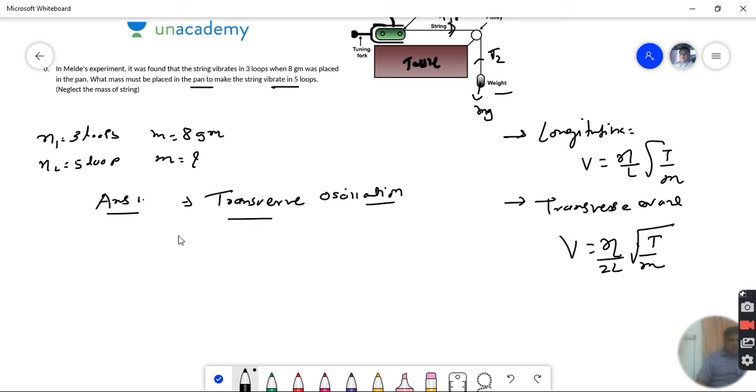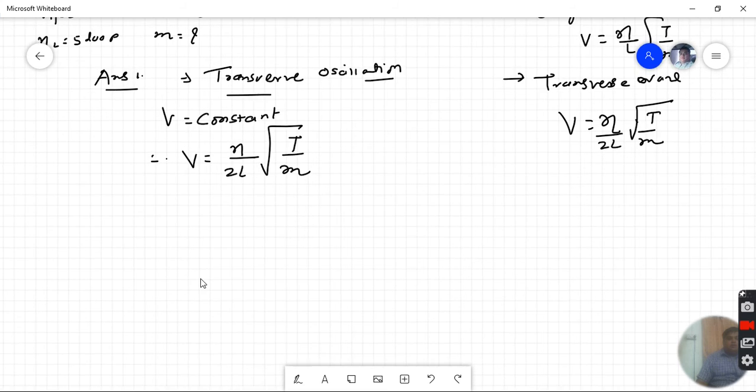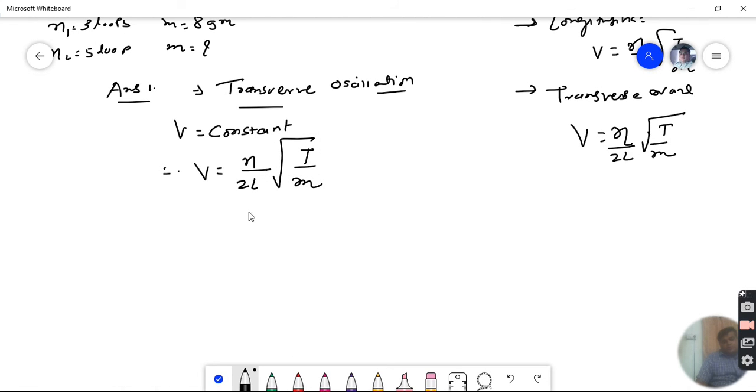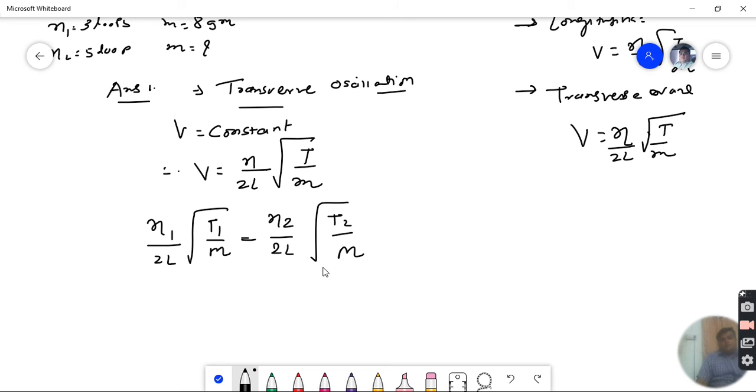So for transverse waves, the frequency ν equals n upon 2L under root T upon M. Therefore we compare this equation: n1 upon 2L under root T1 upon M equals n2 upon 2L under root T2 upon M. Both have the same 2L, so we cancel it together.